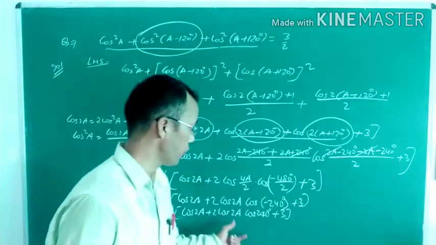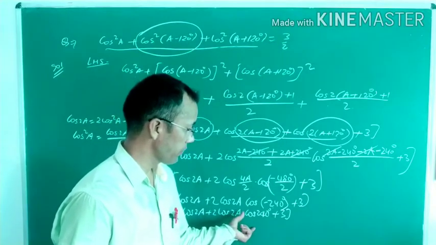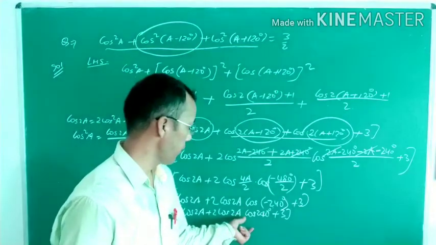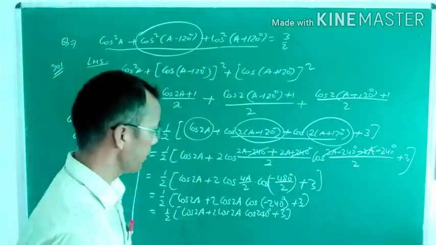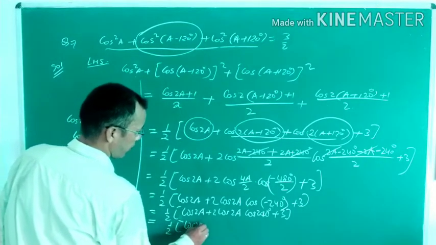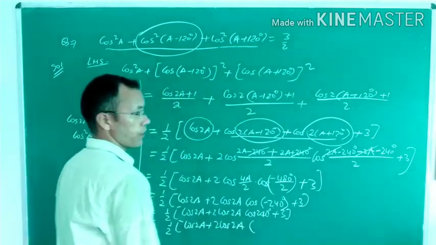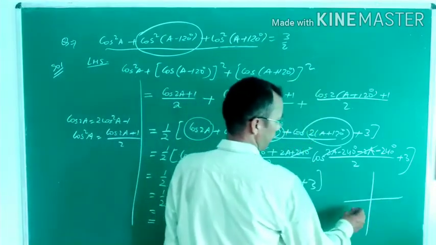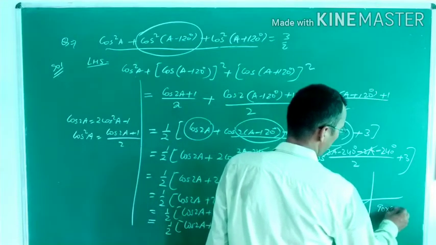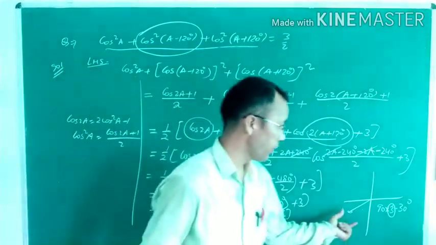Now put the value of cos 240 degrees. 240 degrees is 90 into 3 minus 30 degrees. 3 is odd and it lies in the third quadrant.